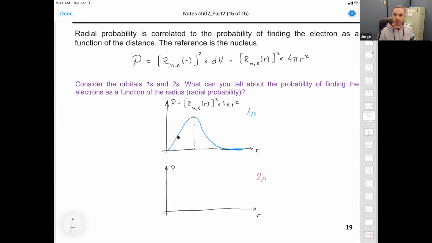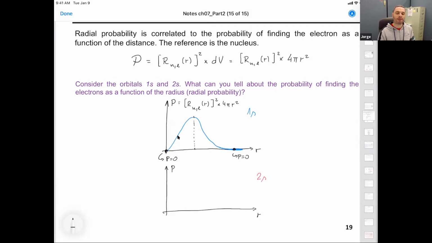There are two important points in this graph. The first one is right here, and for this point, the probability is equal to 0. And there is this point over here. So if we move far from the nucleus, the probability is also 0.